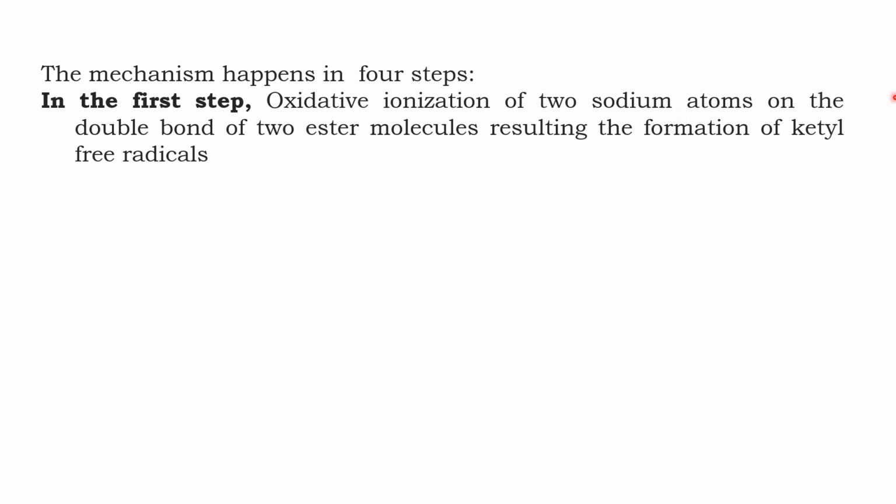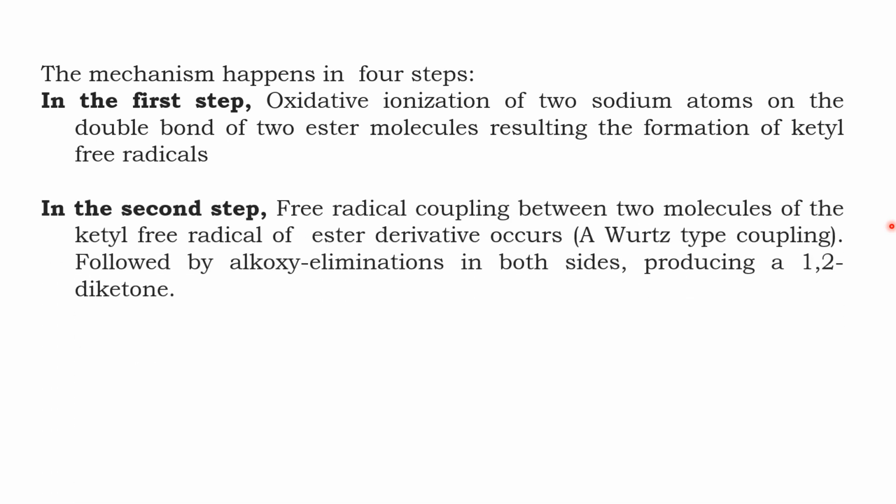Now in the second step, this free radical undergoes a coupling reaction. If I take two molecules, the two free radicals formed, each having a lone electron on the carbon atom, combine together to form a coupled or dimerized product.